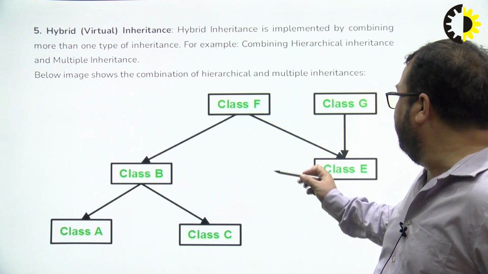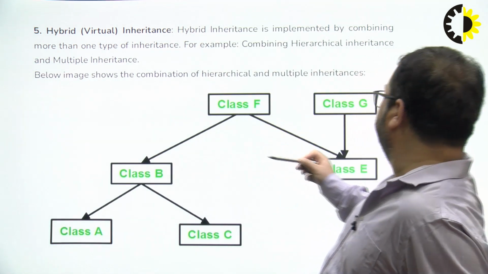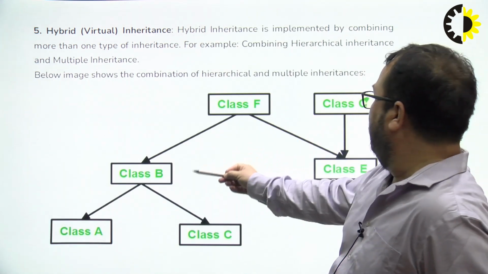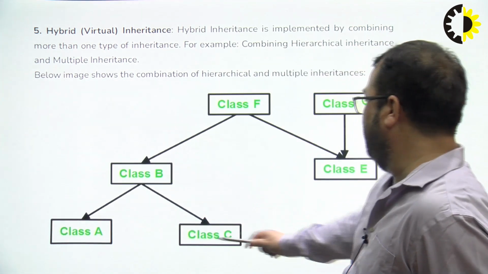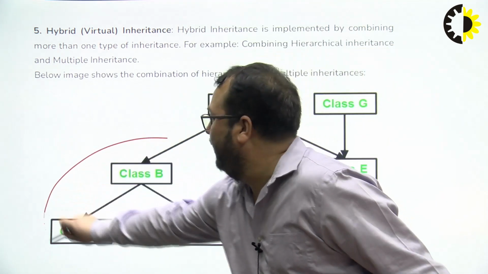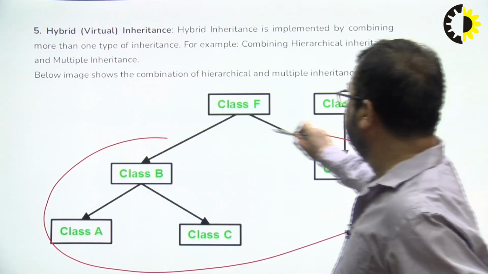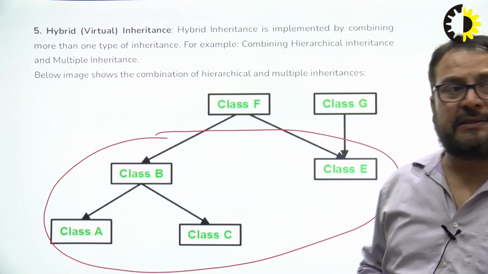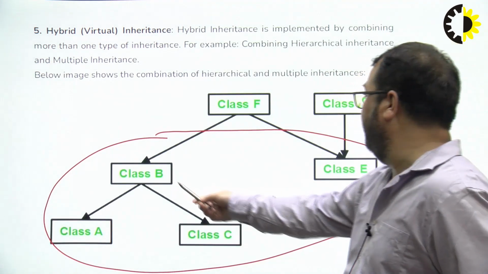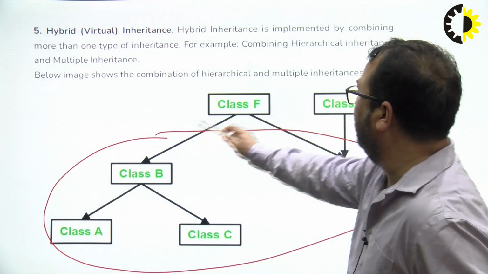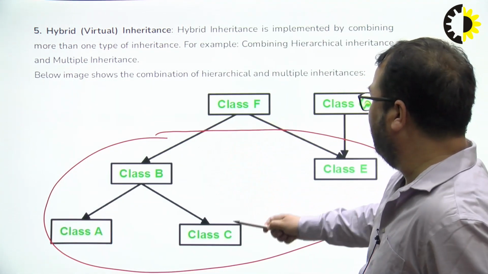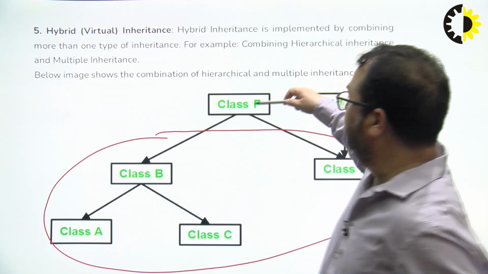Like here we see class F. This is an example of multiple inheritance, with more than one base class. This one is hierarchical, and this one is multi-level.